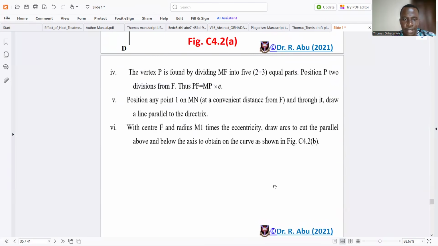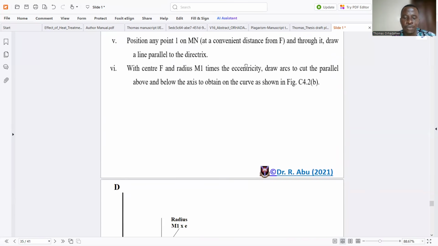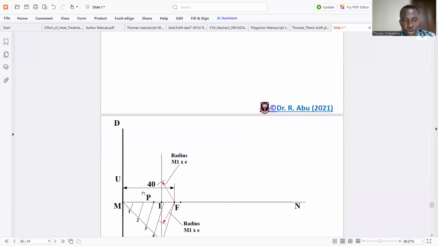After that, with center F and radius M1 times the eccentricity. In other words, you measure this radius. This is center F, this is M1, this is radius M1.